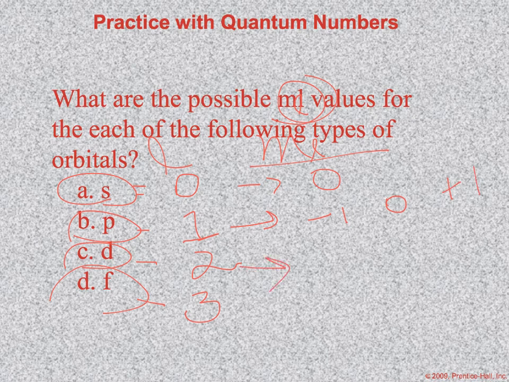If L is 2, the possible m sub L values are -2, -1, 0, +1, and +2. And finally, if L is 3, the possible m sub L values are -3, -2, -1, 0, +1, +2, and +3. So that is your answer for this one.